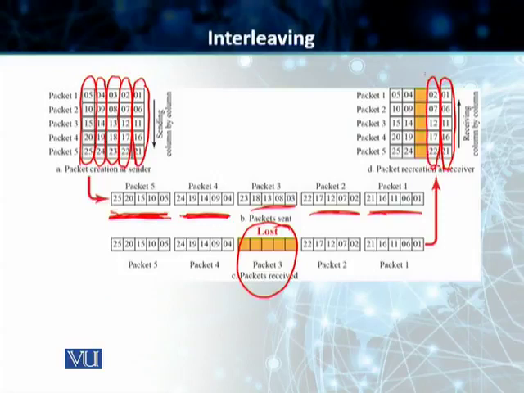Packet 3 is lost. Packet 4 will go back on the receiving side like this. And then packet 5 will go back like this. So essentially, you are not missing a full packet. You are only missing a chunk out of every one of those 5 packets. And it's easy to reconstruct this data at the receiving end using chunk interleaving.